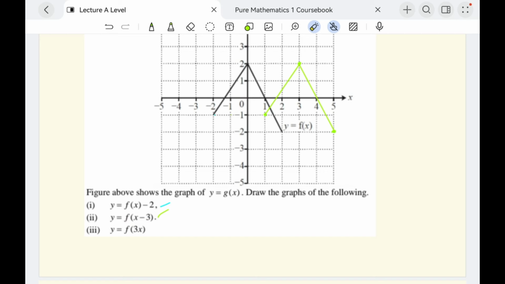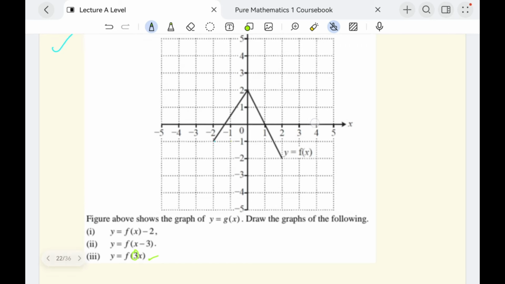Okay, let's take a look at the third part. Let me erase this away. The third part is y equals f of 3x. Okay, for now, the coefficient of x changes to 3. That means this f(x) undergoes a stretch parallel to the x-axis with a scale factor of 1/3, because the coefficient of x, or the gradient, is increased.